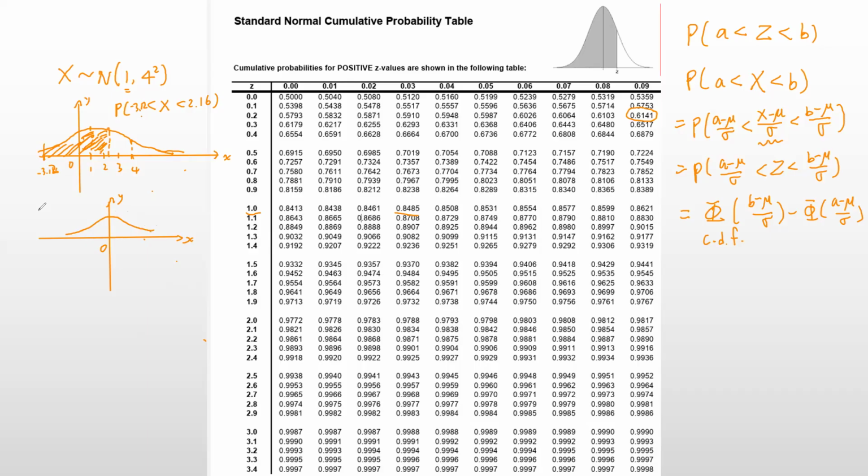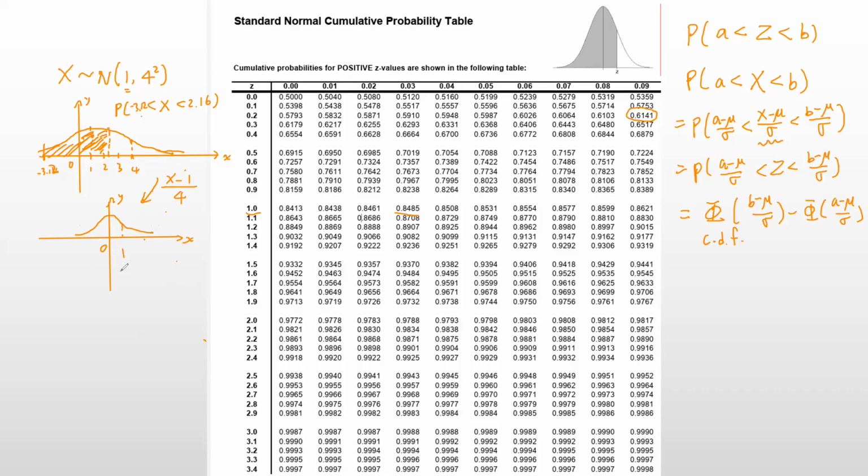Probably it's a little bit steeper because the standard deviation is 1. After you standardize, you have x minus mean over 4, and the original curve becomes this standard normal curve.